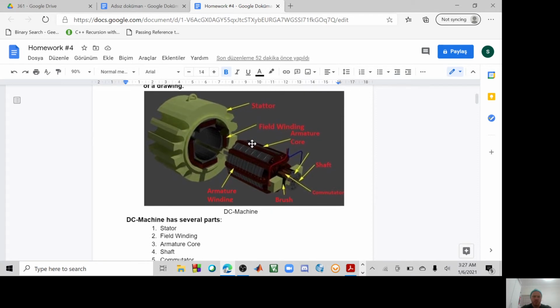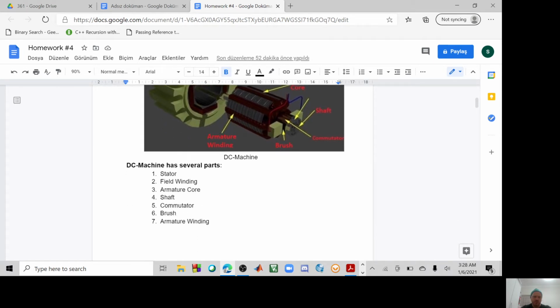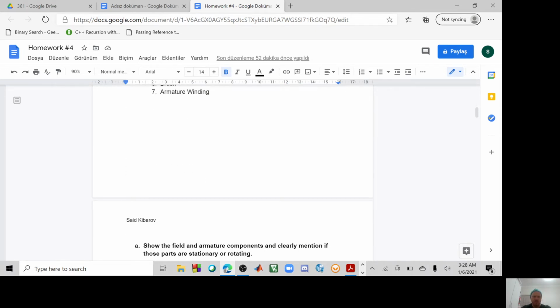From this drawing, basically you can see the DC machine and its parts, which are the stator, field winding, armature core, armature winding, brush. Actually I have 2 brushes, the second one is here. Shaft at the middle and the commutator part. So these are just the names.